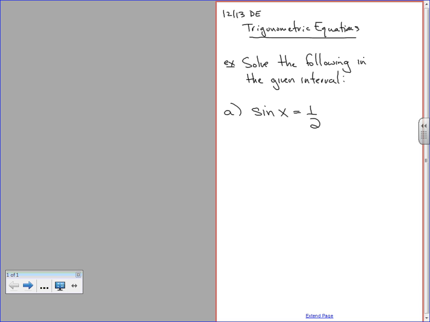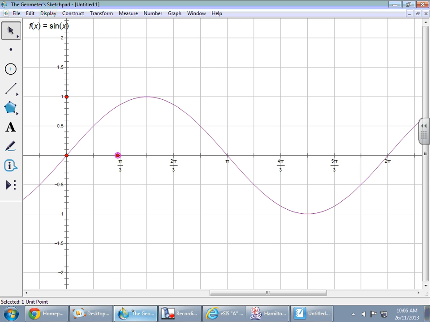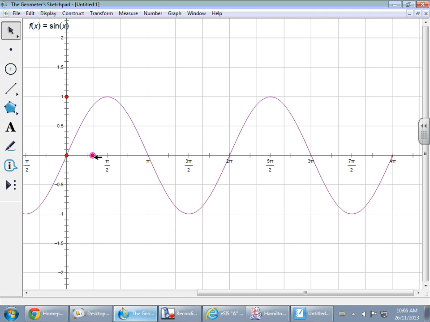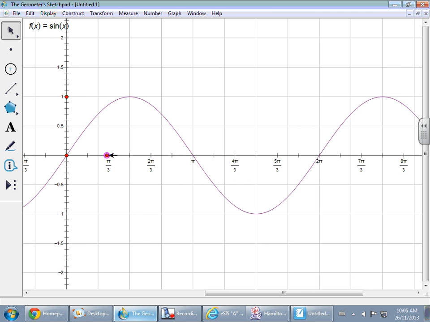So when is the sine of x equal to 1/2? Because the sine is periodic, here's the graph of the sine curve. It's periodic, which means it goes off in both directions forever and ever.